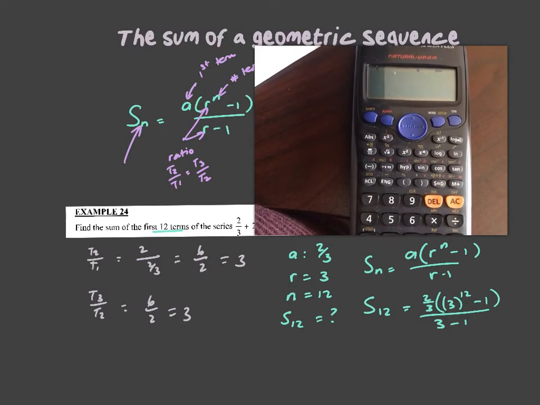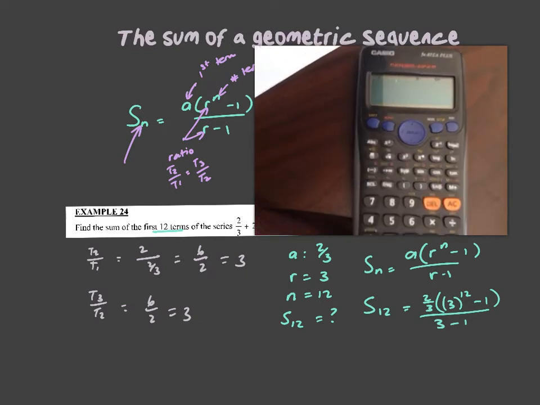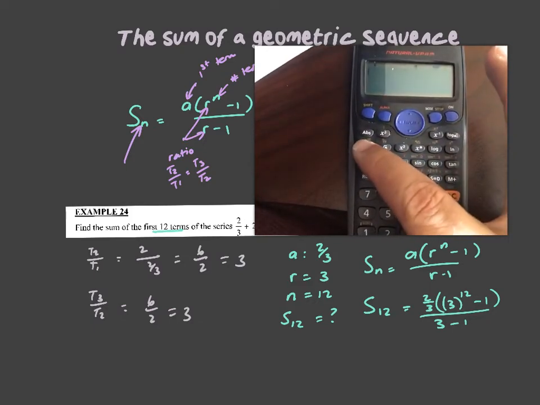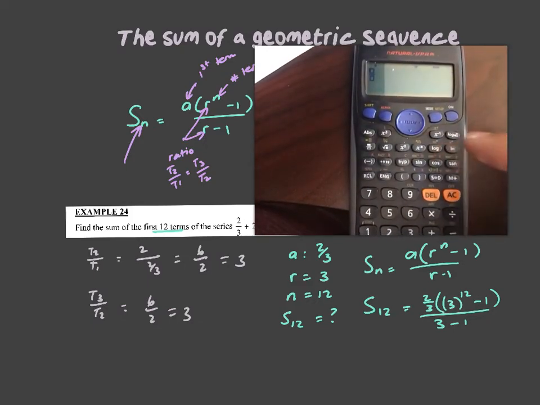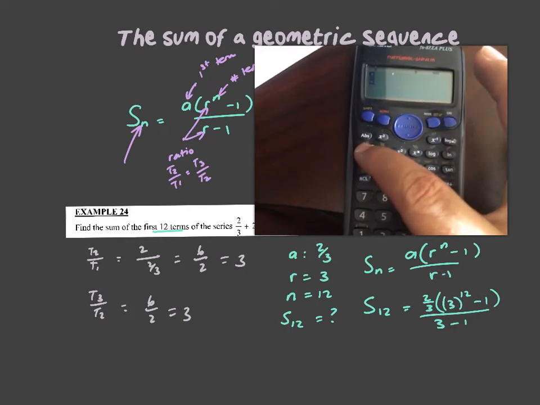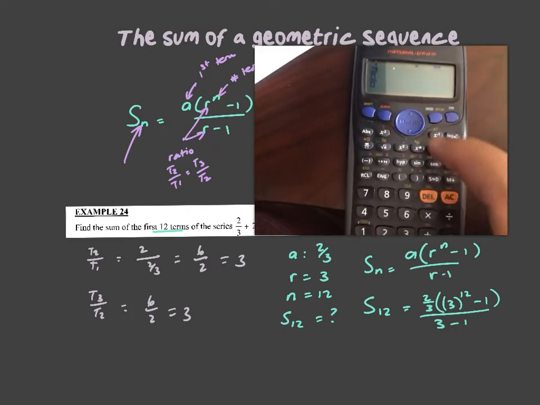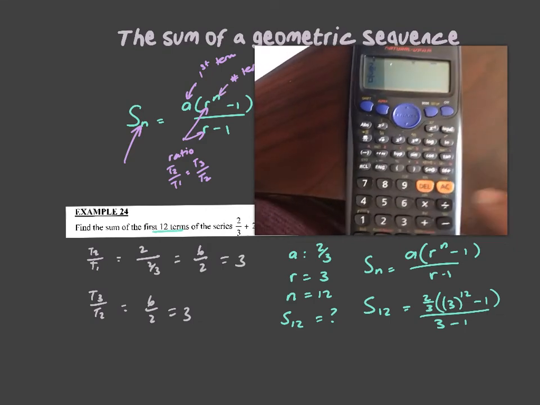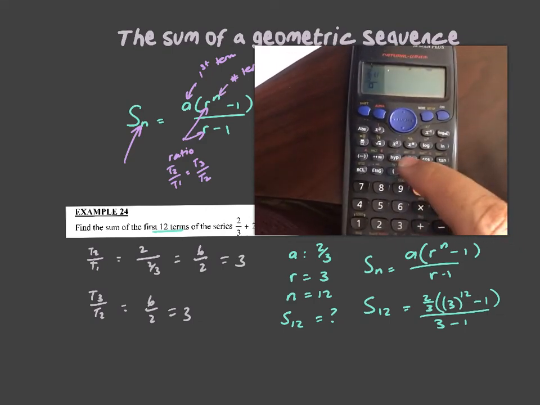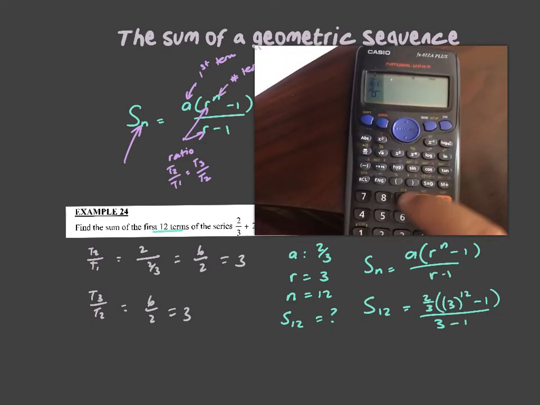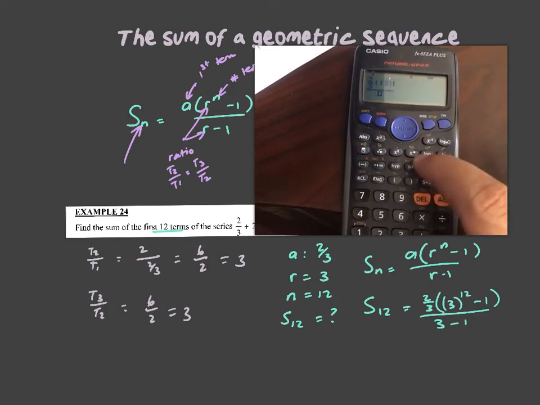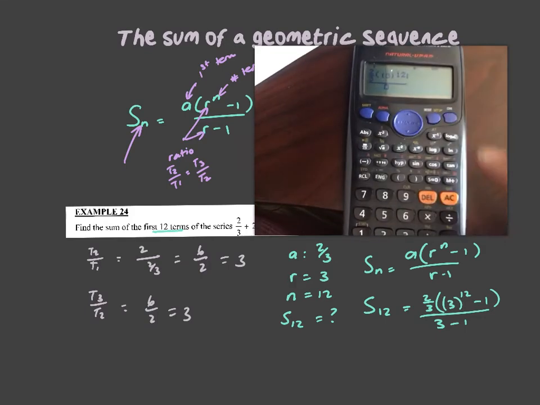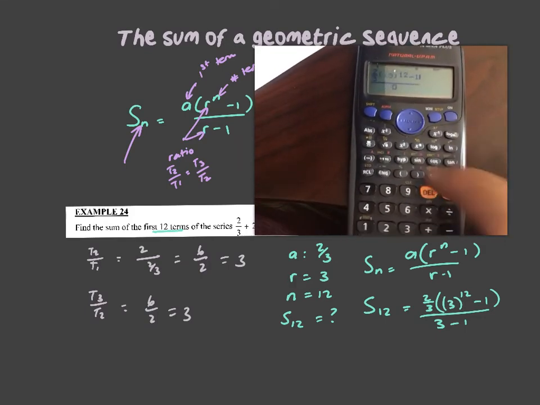What is very important here is to use your calculator correctly. So first thing you're going to do is press the fraction button, and then a fraction on the numerator, that is 2 over 3. And then is the bracket, and it is r to the n, so it's another bracket, 3 to the power of 12, and then fourth button, minus 1.